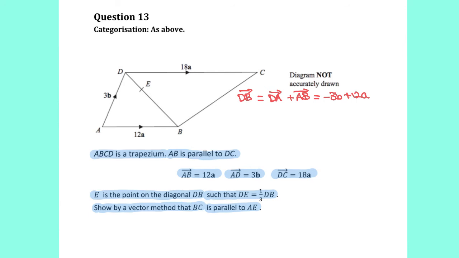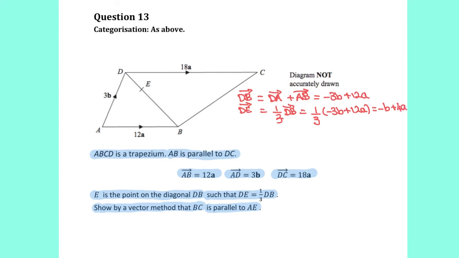Now we can find DE. Vector DE is equal to 1/3 vector DB, which is equal to 1/3 of minus 3b plus 12a, which is equal to minus b plus 4a.